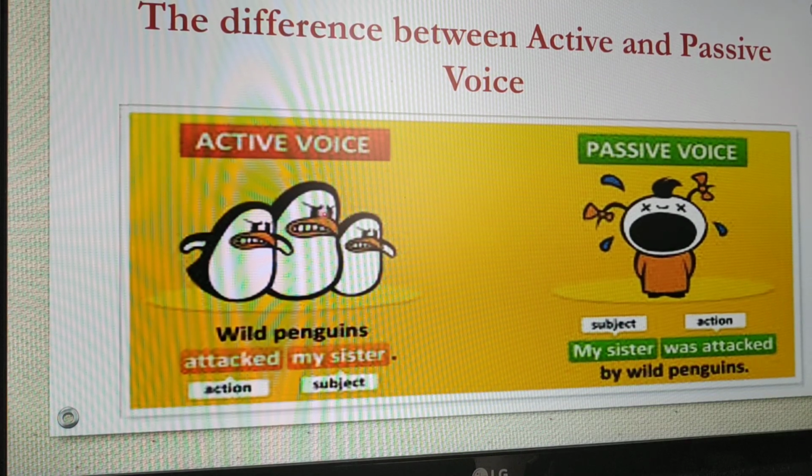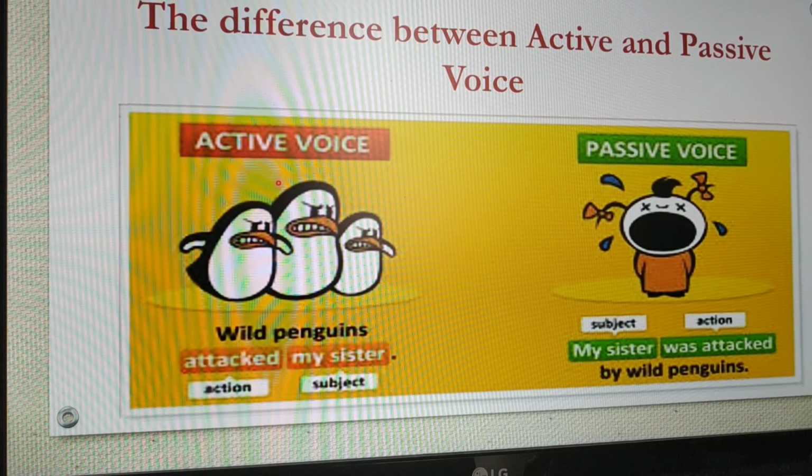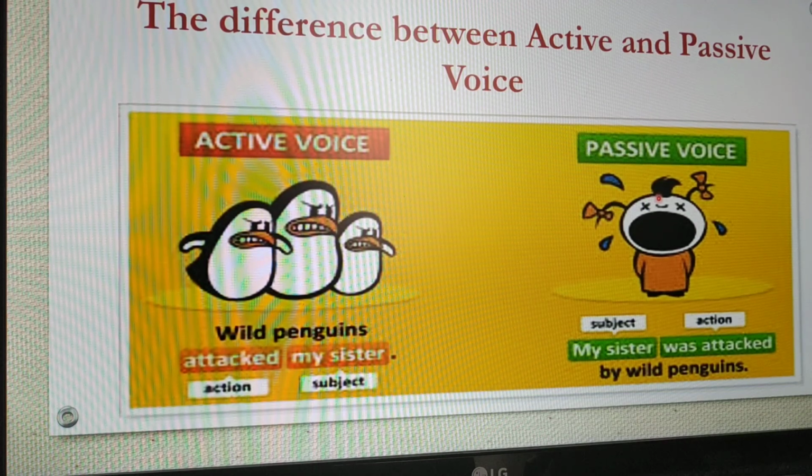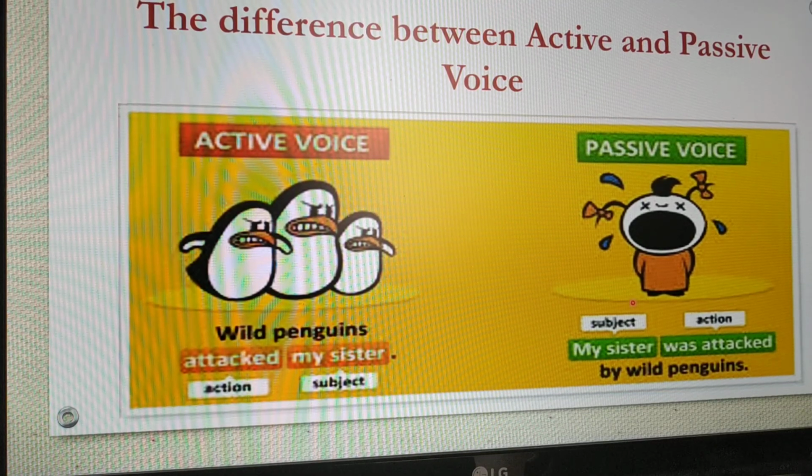More examples on active voice. I help my family. The same sentence in the passive voice: My family is helped by me. Active voice: Tom cleans his room every Saturday. The same sentence in the passive voice: The room is cleaned by Tom every Saturday.